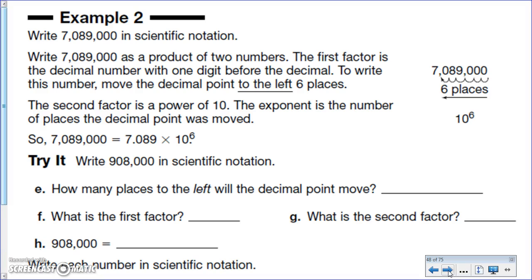For the try it, we're going to write 908,000 in scientific notation. How many places to the left will the decimal move? Well, if it's starting at the end of the number and we need to get it right behind the 9, it's going to move 5 places to the left. That then makes our first factor 9.08.